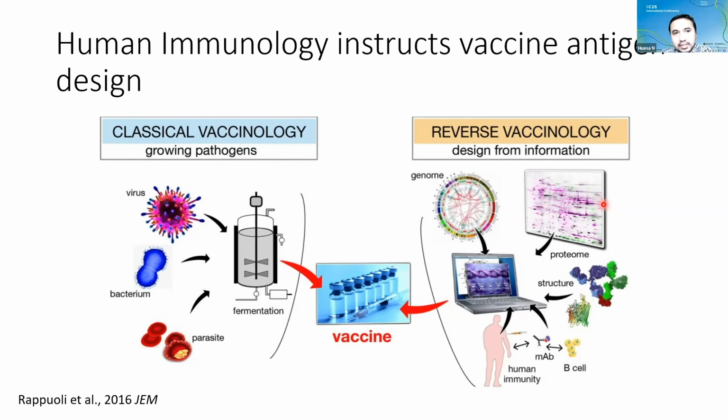Of course, there is an abundance of data that comes from genome information, also from proteomics, structures, antibody variations, and immune responses that can be mapped and analyzed together, so we can improve the development of vaccine technology.